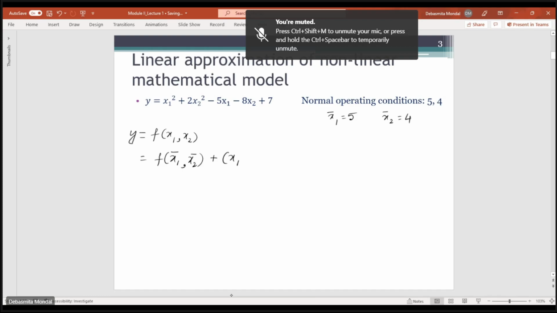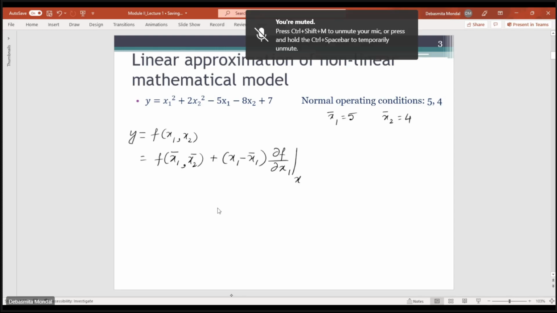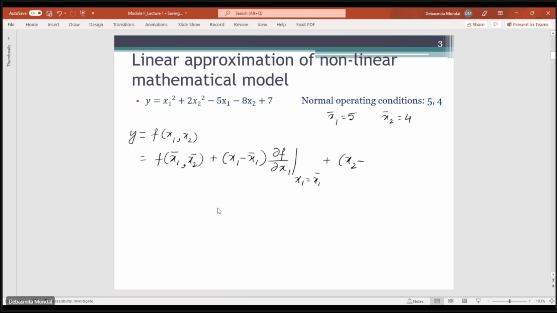Then you have x1 minus x1 bar, and actually we are ignoring the higher order terms, like the second order derivative terms, here. So from here you have to find, tell me what is the value of f of x1 bar and x2 bar.